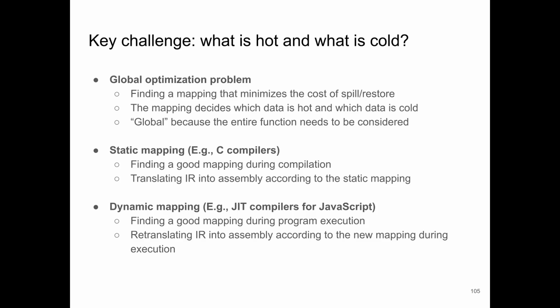You need to see the entire IR function to deduce whether a register is hot in some area and another register is cold in some area. And you need to deduce this by looking at the entire function. That's the reason why it is called a global optimization problem. And the metric we want to optimize is basically the cost of spill and restore.